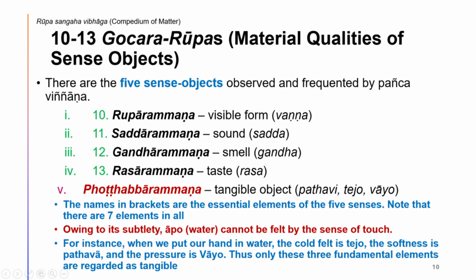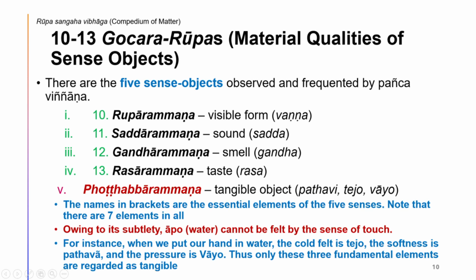Only in this subtle way can Apo be felt by the sense of touch. For instance, when we put our hand in the water, the cold felt is Tejo, the softness is Pathavi, and the pressure is Vayu. Only these 3 fundamental elements are regarded as tangible. So that is why it's excluded. So remember, coming to Gocara Rupa, you only have 4.